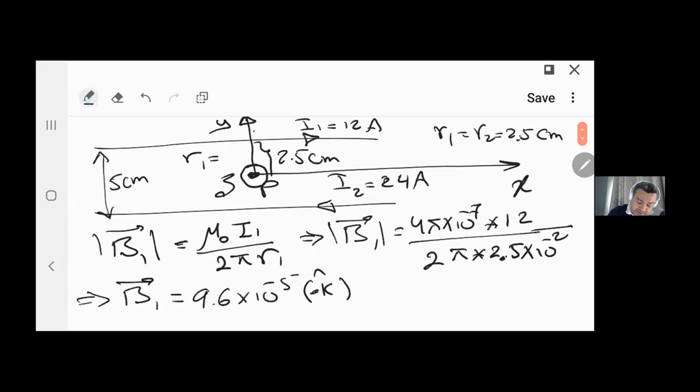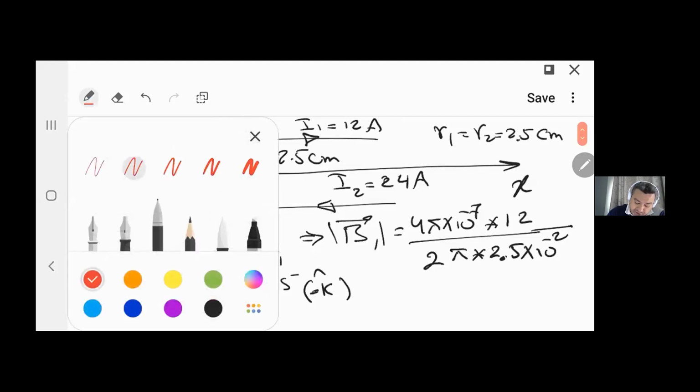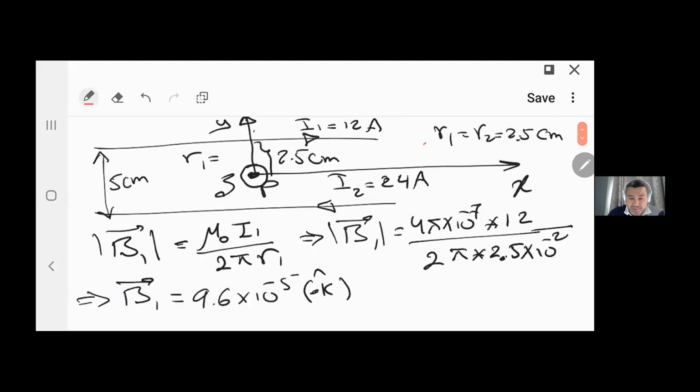How did this happen? Well, I'd like to remind you that the magnetic field will be perpendicular to the plane that has the vector and the differential element.